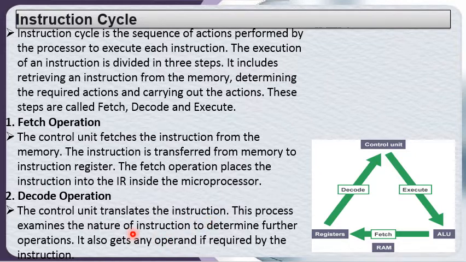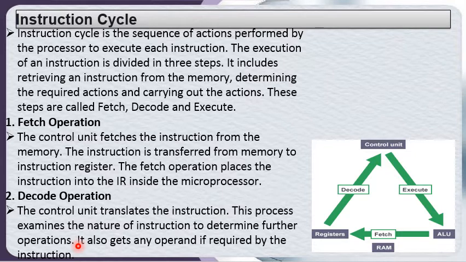This process examines the nature of the instruction to determine further operation, what type of instruction it is and how it will operate. It also gets any operand if required by the instruction. If any operand is required which is available inside the main memory, that operand is also fetched. So you get to know the requirements for executing that instruction. Decode is to understand the instruction which is inside the register.